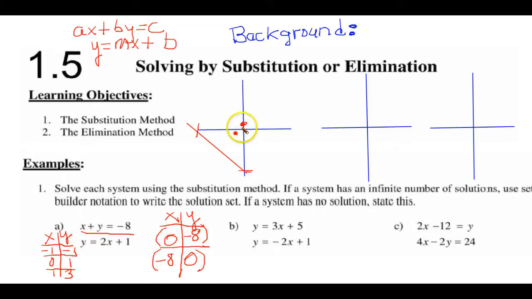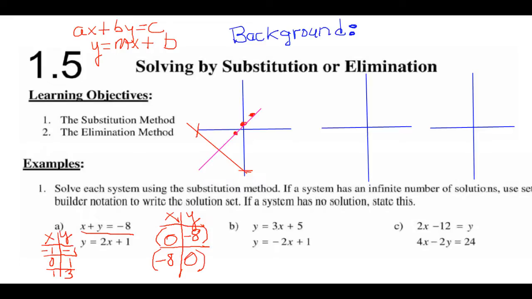And 1, 3, go over 1, up 3, is about there. And again, I'm just sketching this. So now I take my line and I draw it through here.